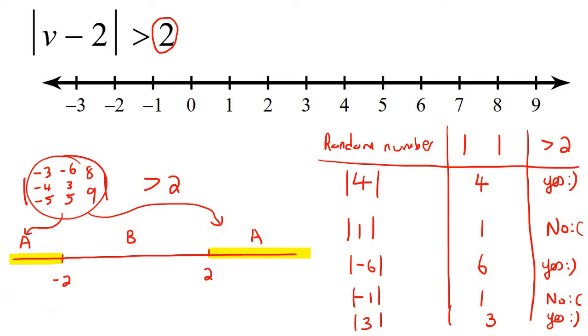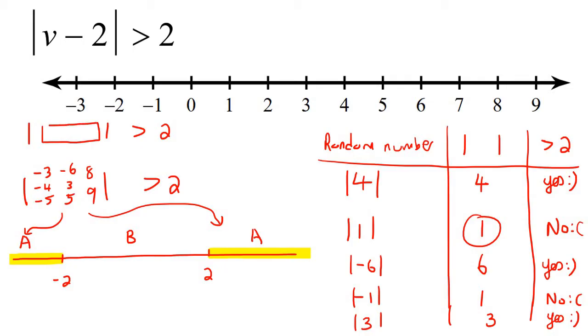If you choose any number inside here, then it won't work. For example, if you choose the number 1, it doesn't work, because as soon as you take the absolute value of that, it won't ever be bigger than 2. So it looks like whatever's inside here has to be something that is in interval A, okay?